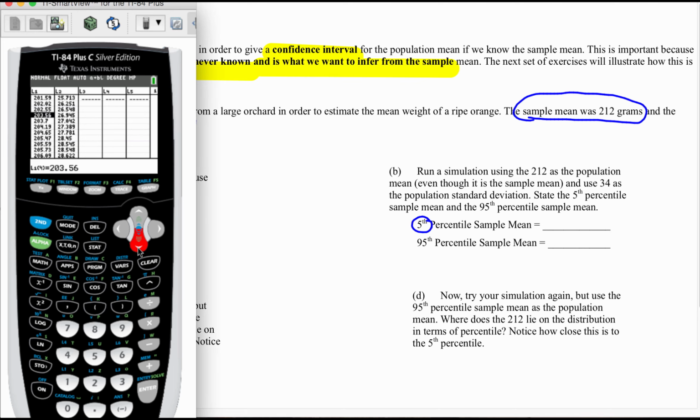That's 203.7. Now our 95th percentile sample mean goes to number 95. I'm going to go backwards from 100, and that's 219.09.